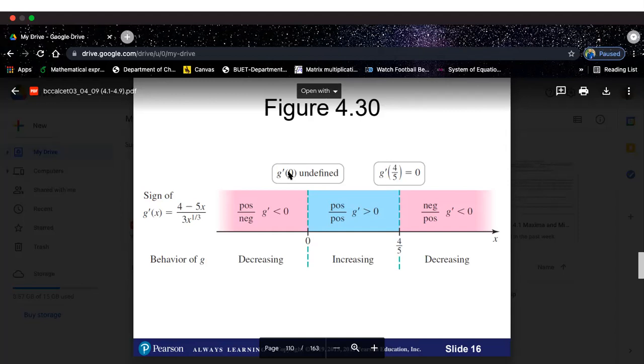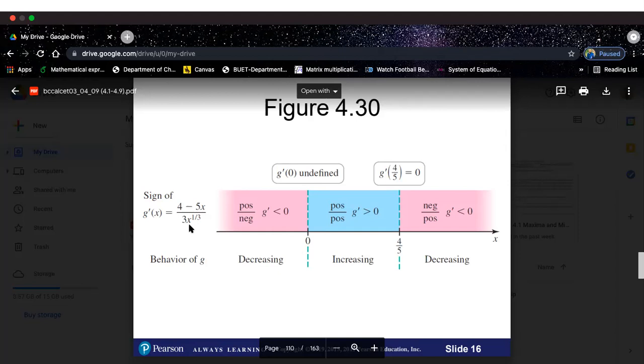And now we just need to take values from the neighborhood and check whether it's decreasing or increasing.